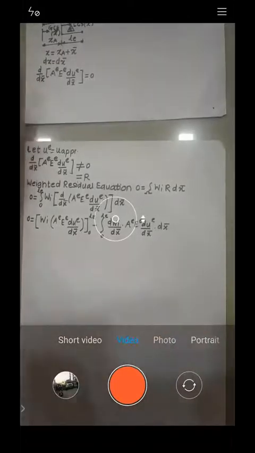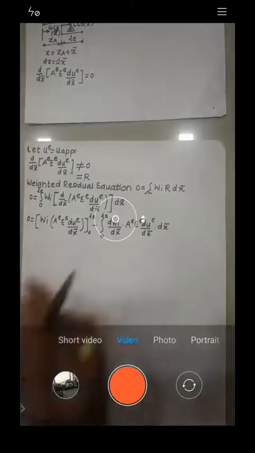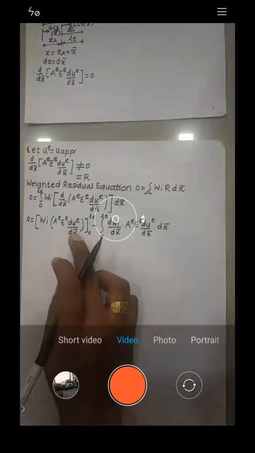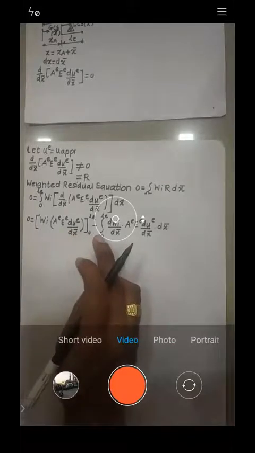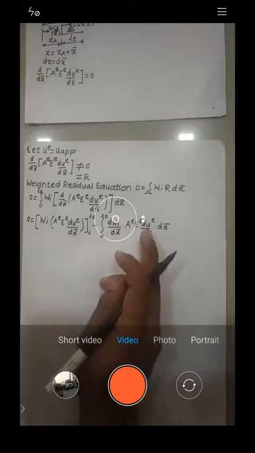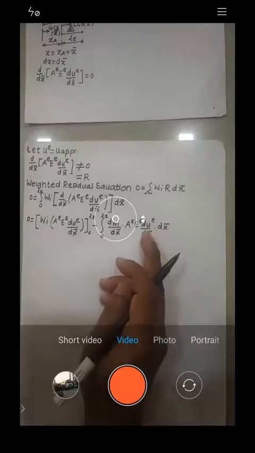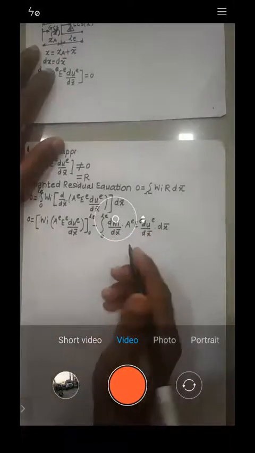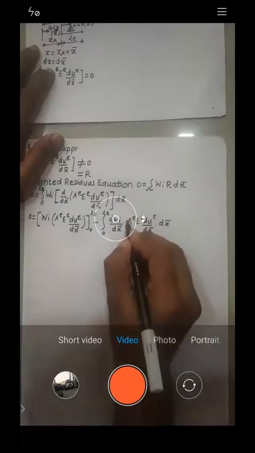Yes or no? Let me know. Is it okay or not? First into integration of second, minus integration of derivative of first into integration of second dx. Is it okay or not? Let me know. Yes, sir.